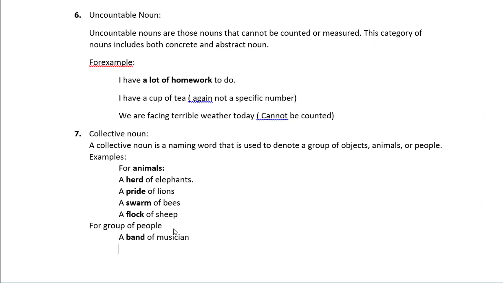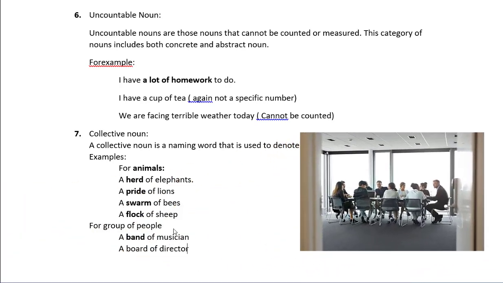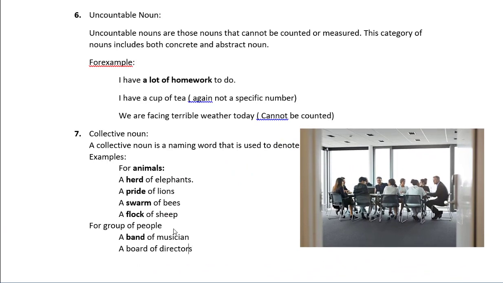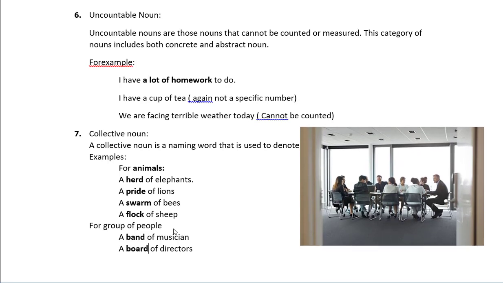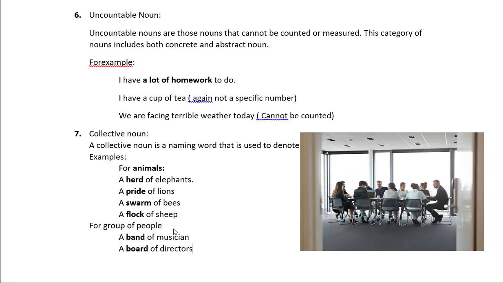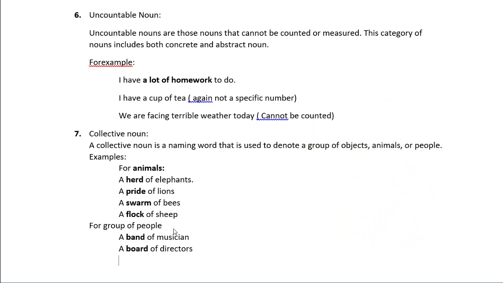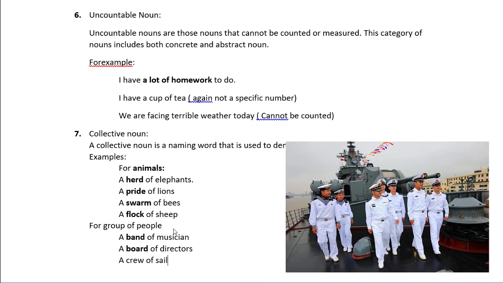Okay, musician band. Similarly, we can say a board of directors. For example, a board of directors in the business, sitting in the office for the purpose of business. Similarly, we can say a crew of sailors.